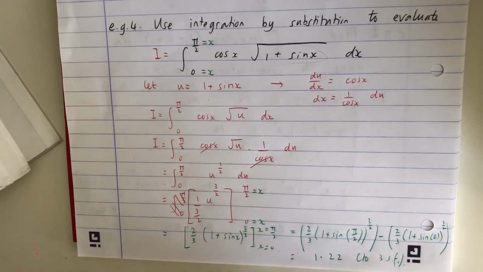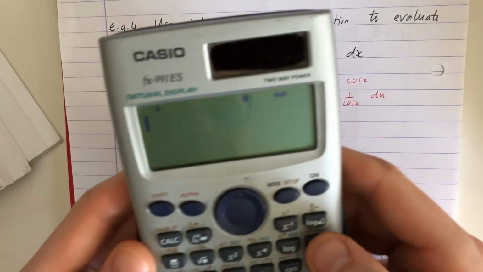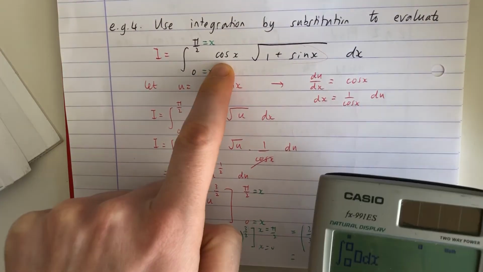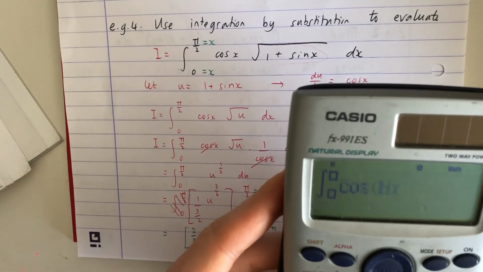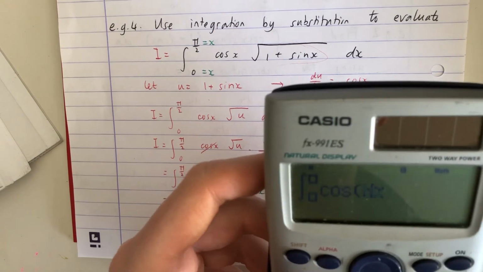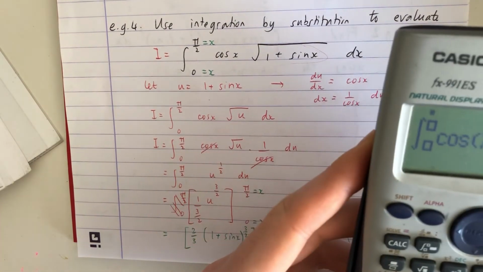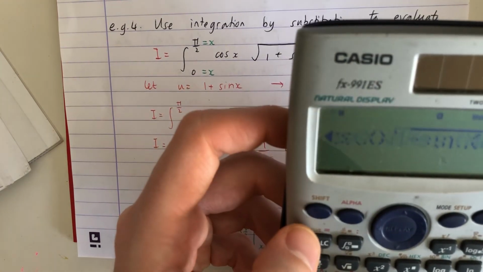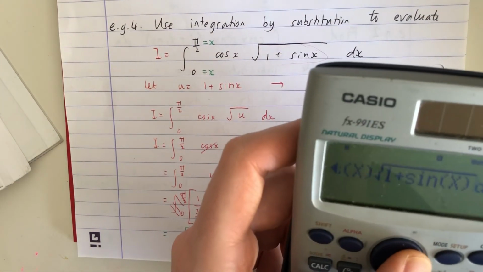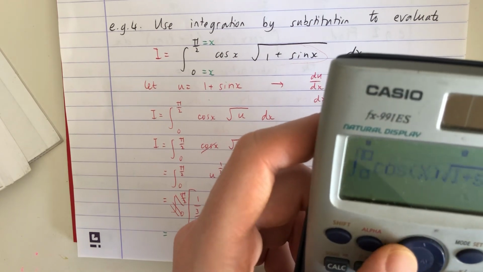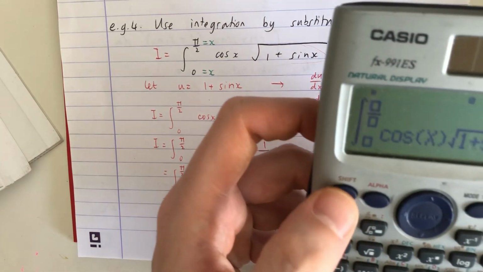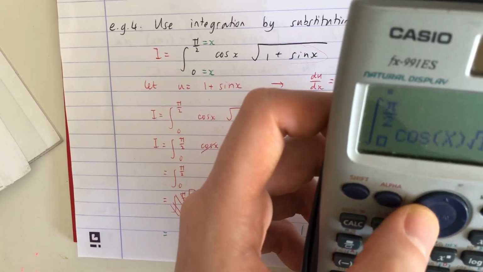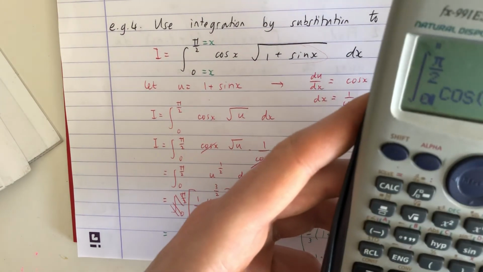And I can check my answer using the fancy calculator, typing integral in, that very first one, which is cos x square root of 1 plus sine x dx between pi by 2 and 0.